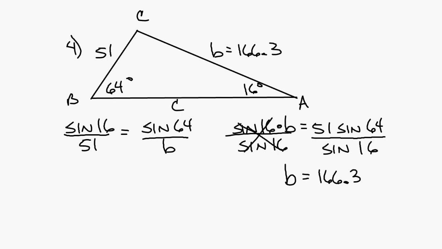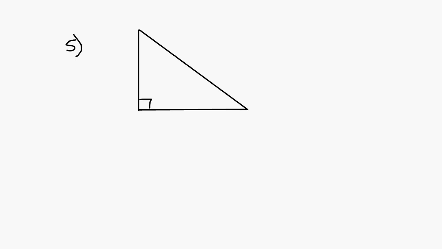Number 5. Number 5 is another special right triangle. Number 5 is a 45, 45, 90 right triangle. In a right triangle, if one of the angles is 45 degrees, then the other angle is 45 degrees.